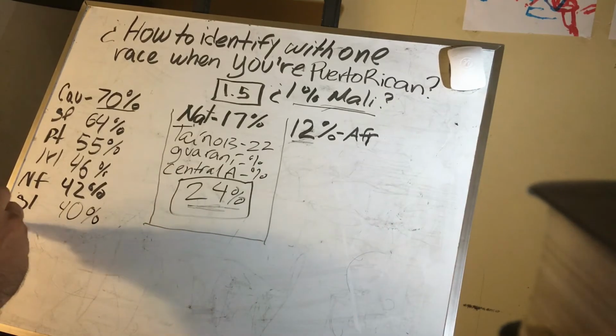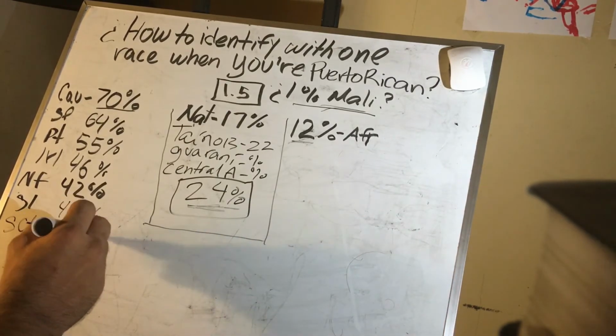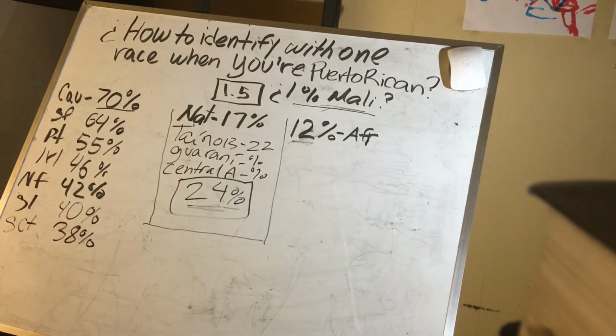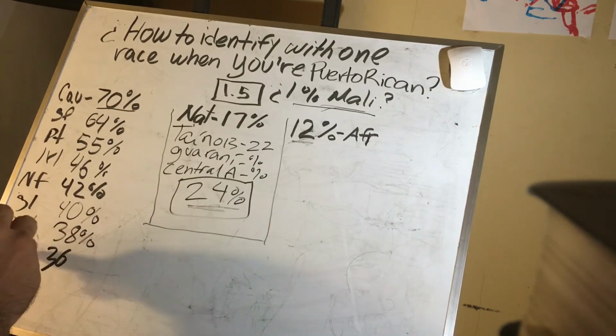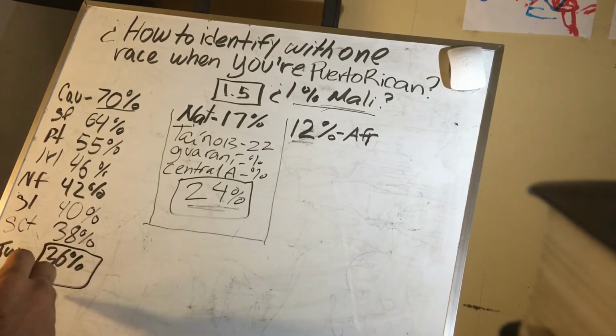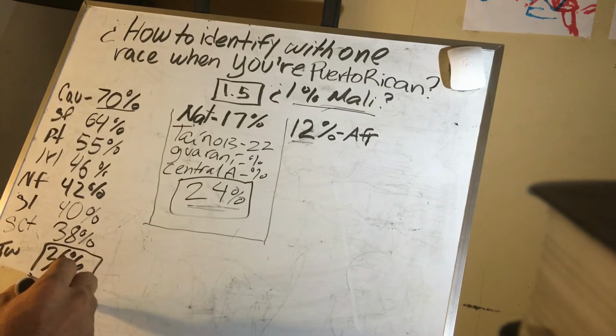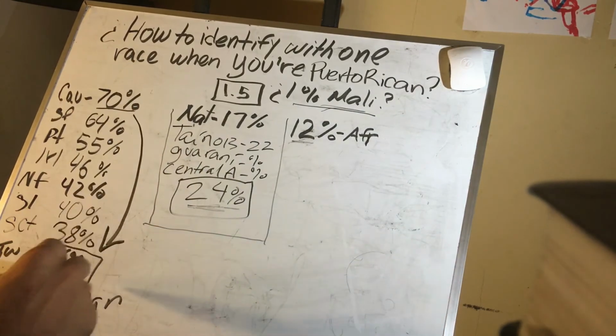Then my next one is Scotland at 2%, also ranging down to 0, giving me a 38% total Caucasian. And then I have European Jewish at 2%, also ranging down to 0, giving me a total of 36% Caucasian. So this means that I can be 70% Caucasian down to 36% Caucasian.